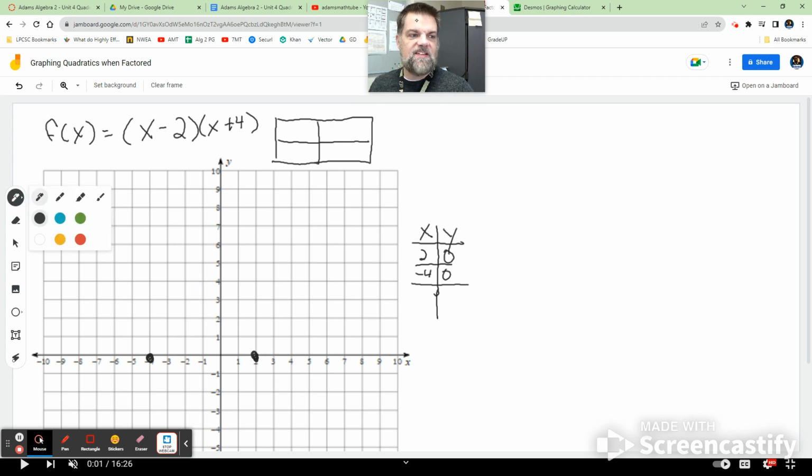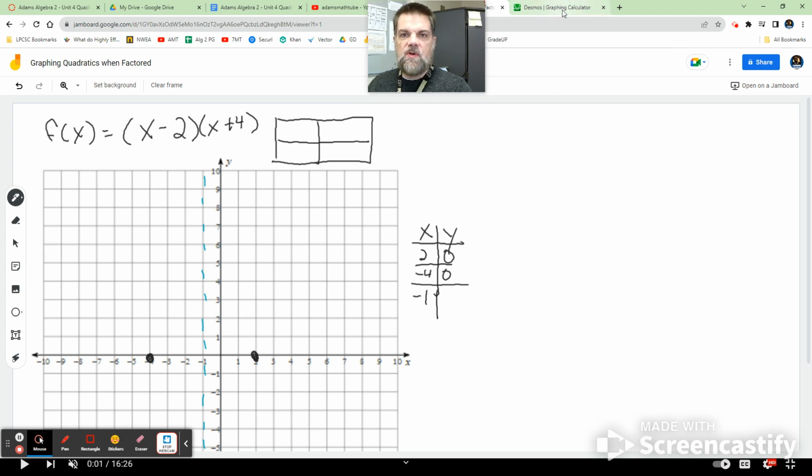Is that what you guys said? Okay. So I'm guessing that my vertex then, because it's on the line of symmetry, is also at negative 1.